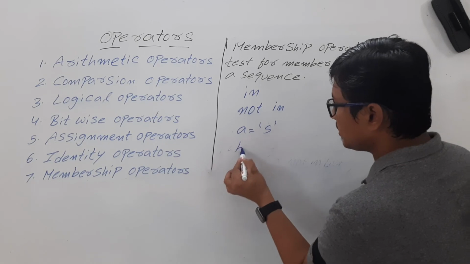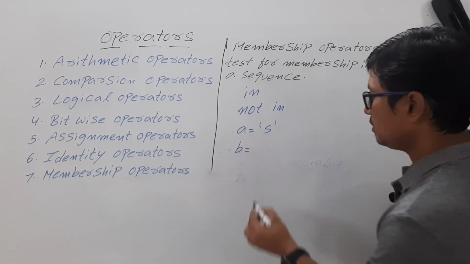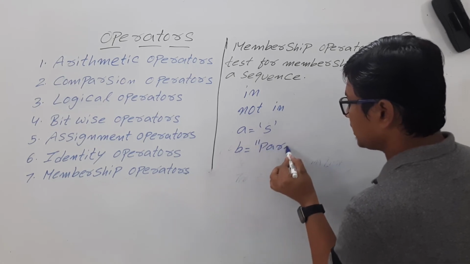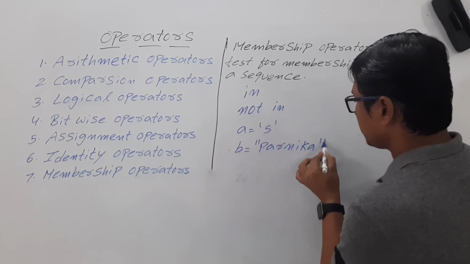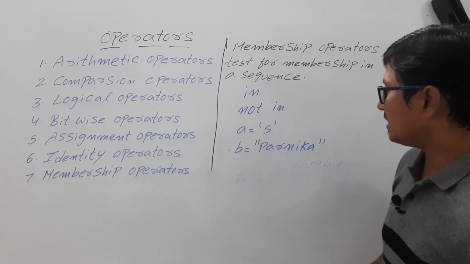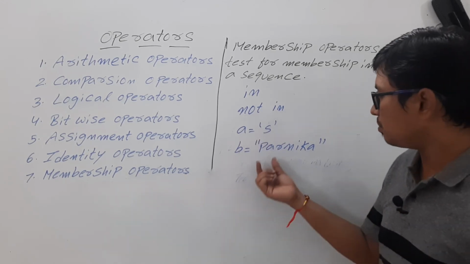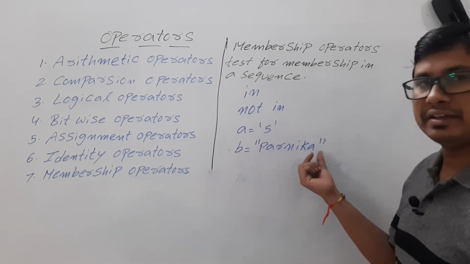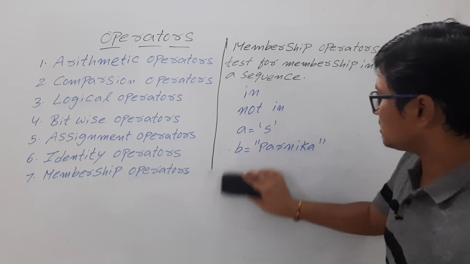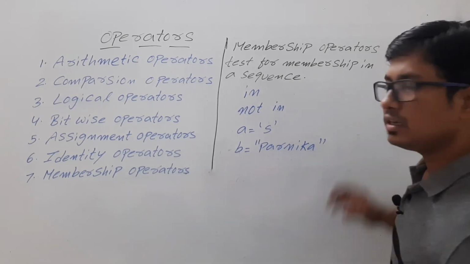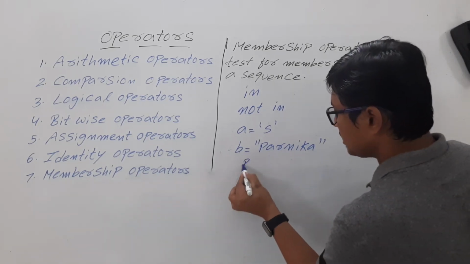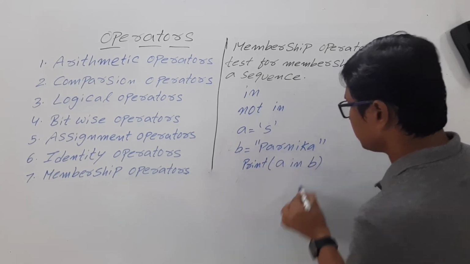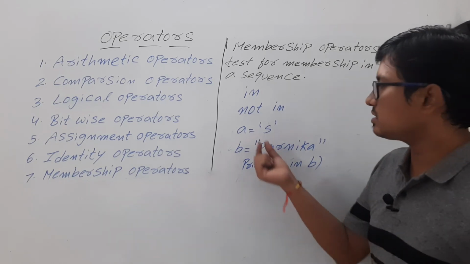Then let's take b = 'Pernica', the string called Pernica. Now, is the character S in Pernica? No, because it consists of the characters P, E, R, N, I, K, A. So the S character is not in the string Pernica. If I say print(a in b), b is a string and a consists of a character.